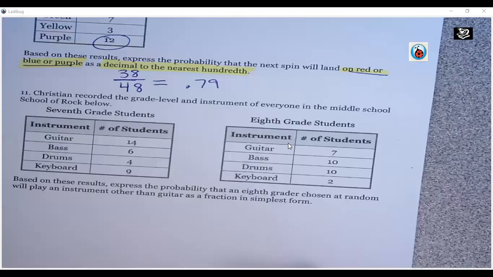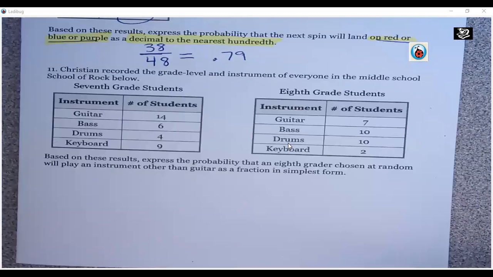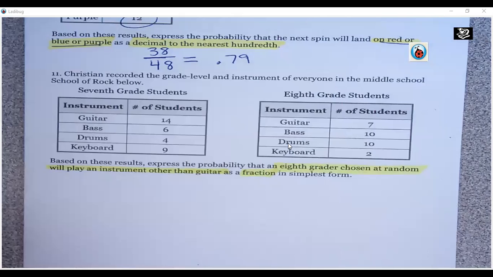All right. Based on these results, express the probability that an 8th grader chosen at random will play an instrument other than the guitar as a fraction in simplest terms. This time, I'm only looking at what grade on this problem? What am I only looking at? Eighth grade. We're not going to use these numbers at all because we're choosing an 8th grader.